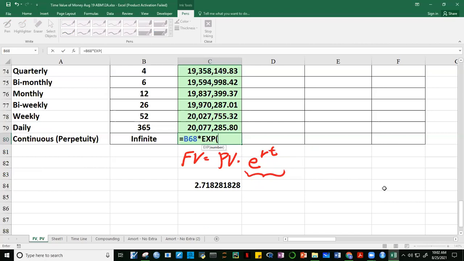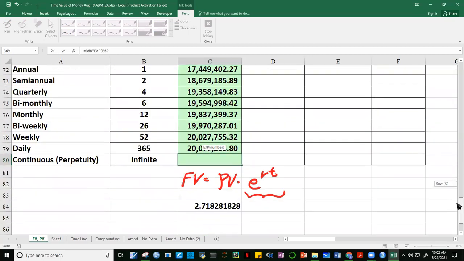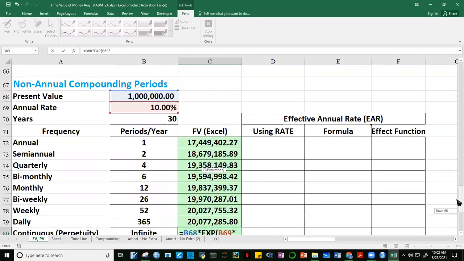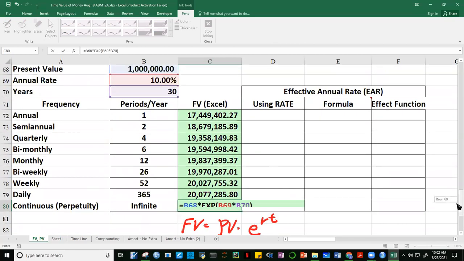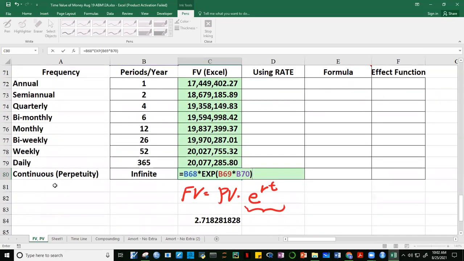Tapos, rate natin 10%, r times the time, which is 30. So that's how to compute for continuous compounding. Enter. So notice, guys, it's bigger than the daily compounding.